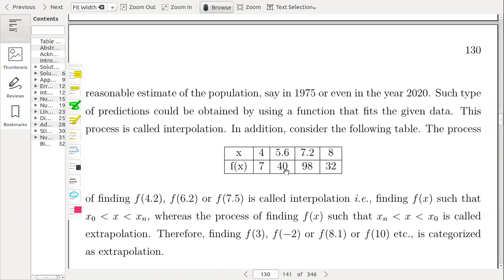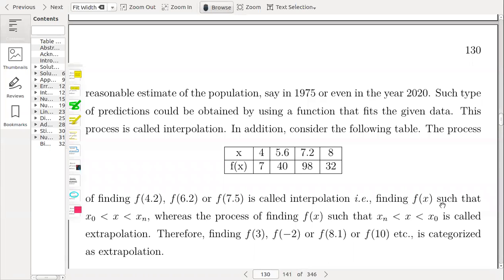And if we take 5.6 as the input, it must return 40 as the output. And if we take 7.2 as the input, it has to return 98 as the output. And for 8, it has to return 32 as the output.